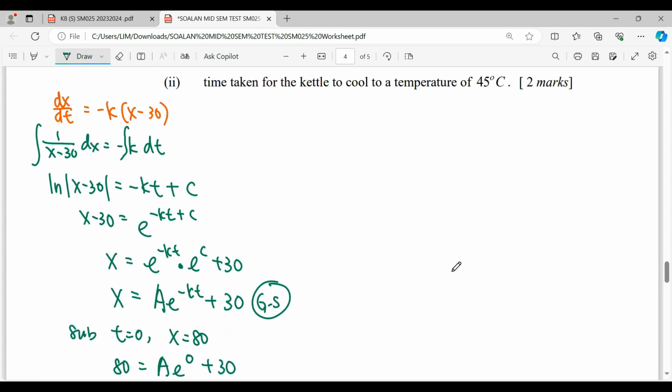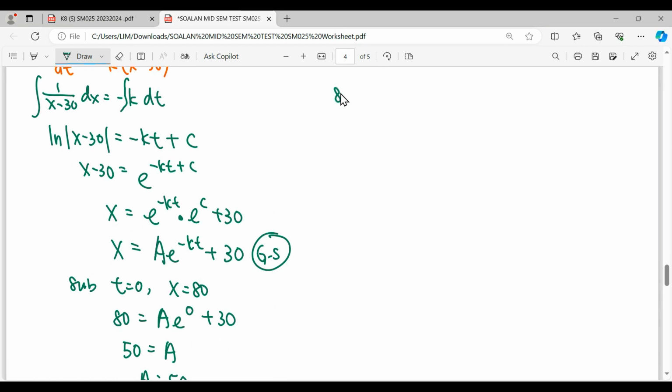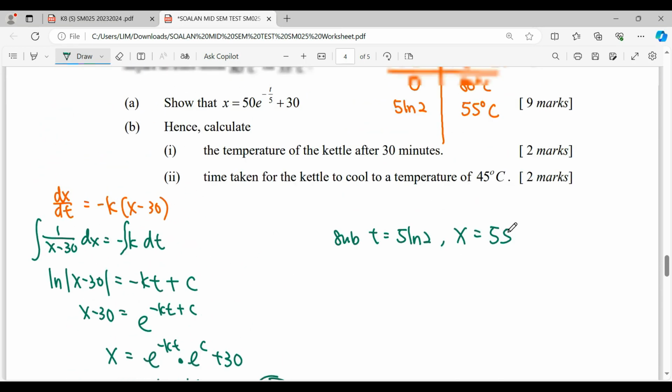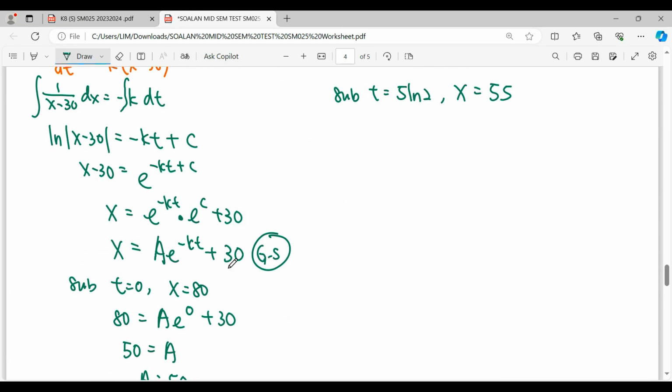Then continue. We're going to substitute t equals 5 ln 2, x equals 55 for the second information, so that we can find the constant k here. Where A is 50, we apply the A value that we found. So how to simplify this? We will move the plus 30 back to the left hand side, it becomes 25.